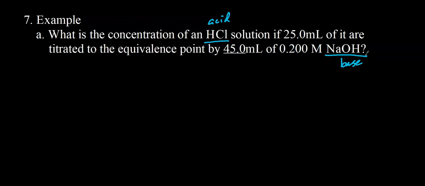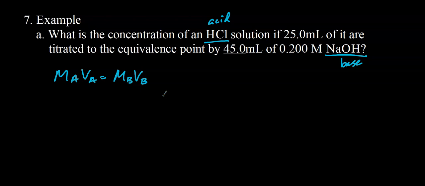So that means that moles of acid equals moles of base at the equivalence point. Both acid and base are in solution, so we'll use capital A's and capital B's. We're going to use this form: molarity of acid times volume of acid equals molarity of base times volume of base. Now some of you might be thinking, oh, I'm familiar with this equation.